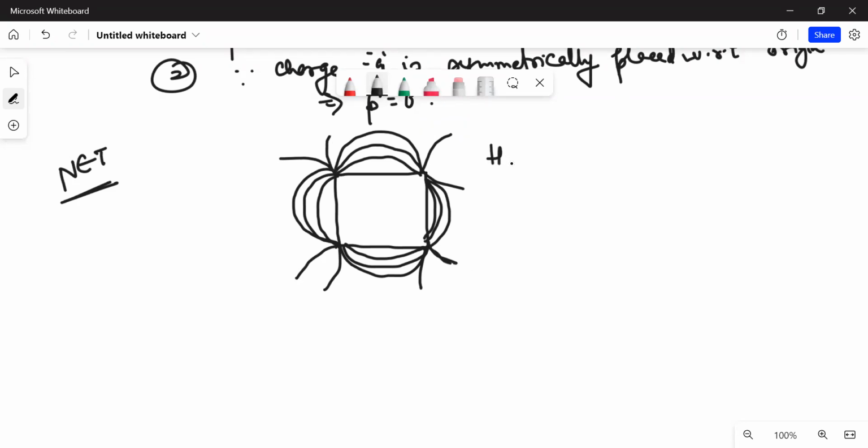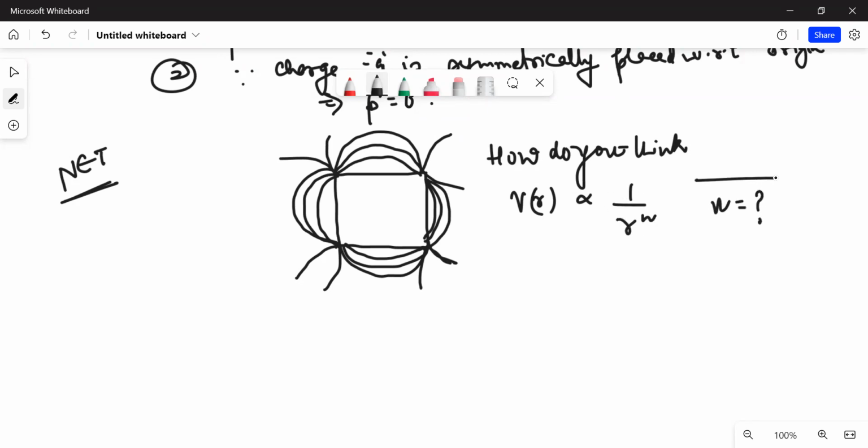So how do you think your potential as a function of r would depend? If I say that potential is inversely proportional to 1 upon r to the power n, what do you think your n should be? This particular thing was asked in the NET exam.